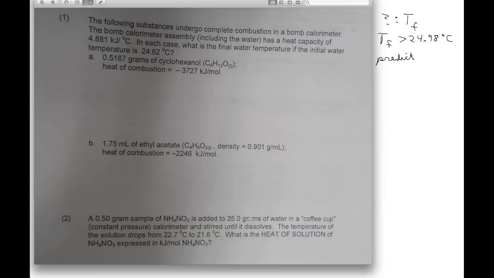Good. So they didn't give us the formula for cyclohexanol in this problem. Did you go back to problem 1 for that?